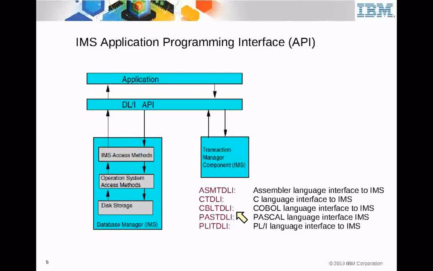And then after you call the COBOL to DLI, you pass it some parameters as to what you want to do. And so that's how a language would interface with IMS through the Application Program Interface. Each language, in this case, has its own Application Program Interface.